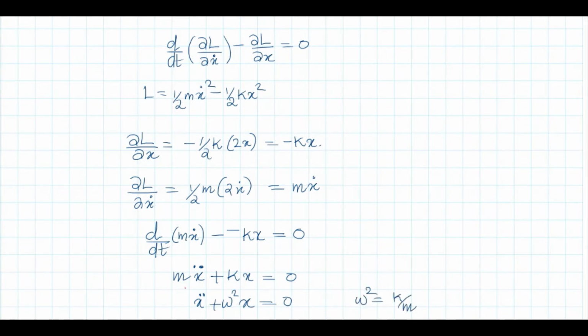If you divide throughout with m, this will be x double dot plus k by m x equal to 0, and k by m you can denote as omega square. So this is x double dot plus omega square x equal to 0. This is the differential equation of harmonic oscillator.